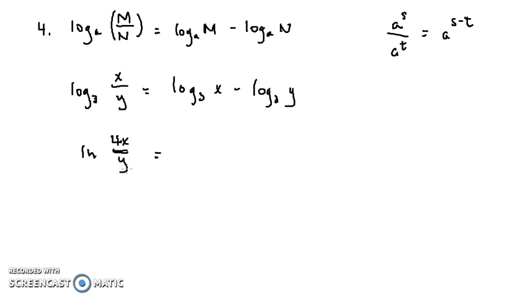Anything in the denominator is going to break up as subtraction. So we're going to get natural log of 4 plus natural log of x minus natural log of y. Oops, so anything in the denominator is going to be a minus. Okay, so that's what it looks like putting them all together.